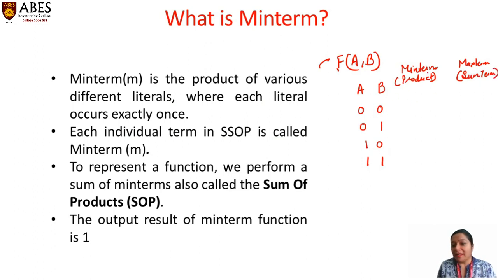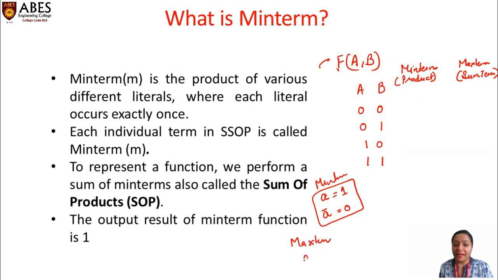While forming the min term, we take the value of the actual variable as 1 and its complemented form as 0. For the max term, we take the value of the actual variable as 0 and its complemented form as 1.